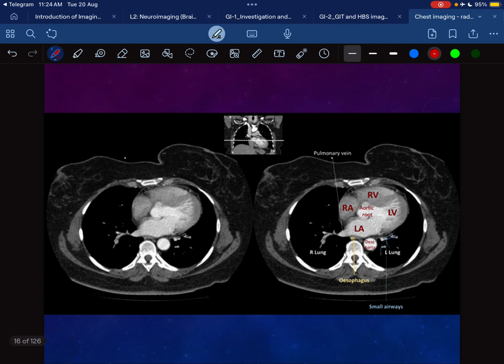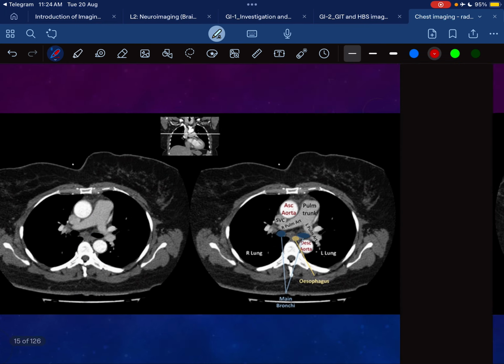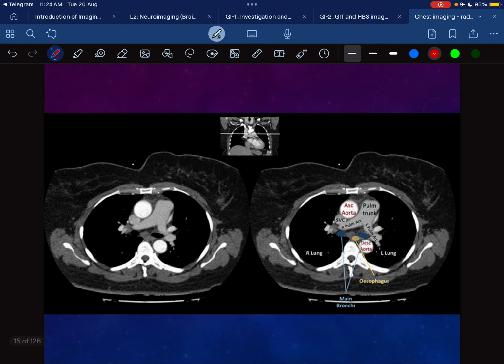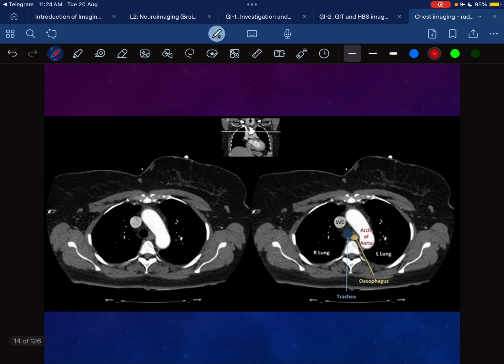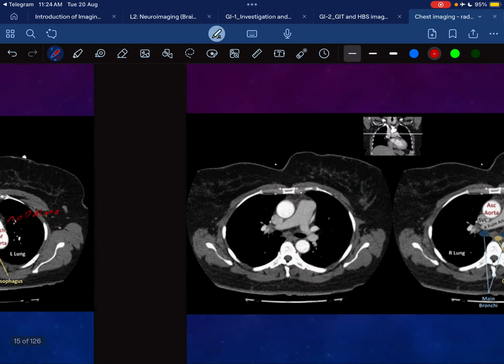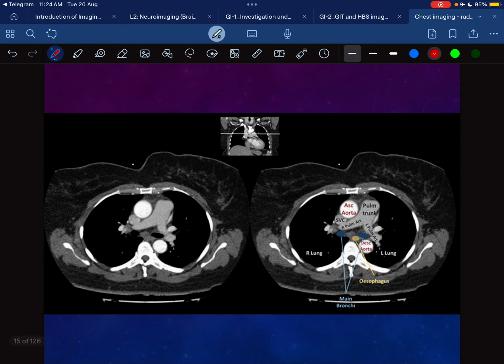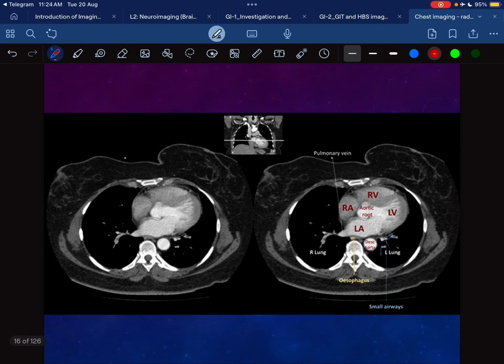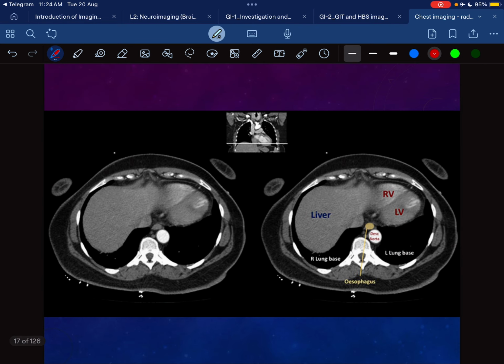And you will never see a pulmonary artery at the level of the transverse aortic arch. It's below. So you have to know this basically. And then when we start to see the liver, we don't see any atrium, it's just the ventricles. So right ventricle and left ventricle.